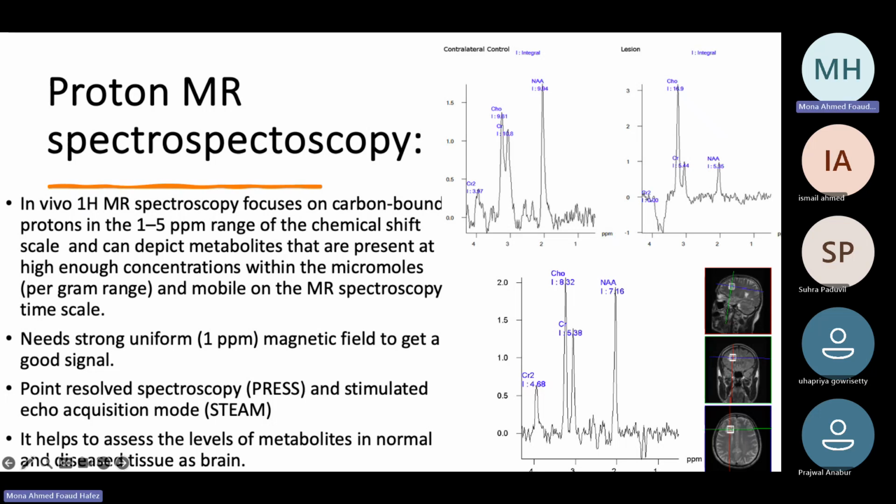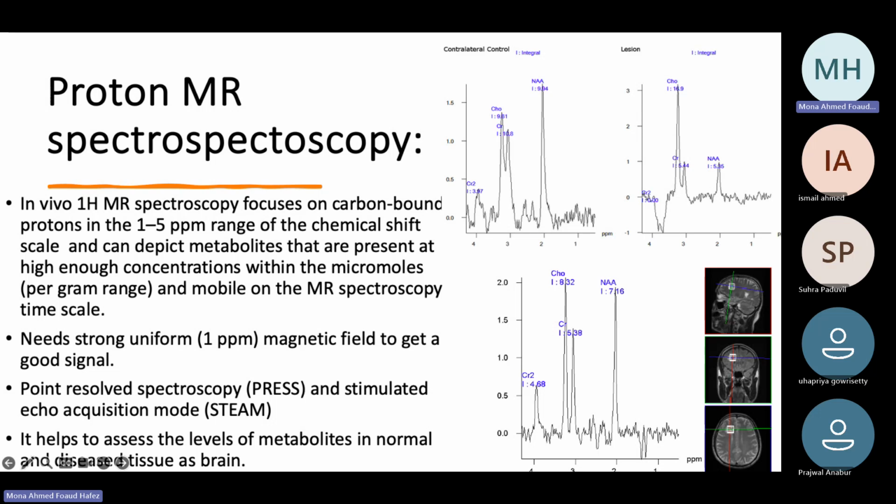Proton MR spectroscopy uses hydrogen MR spectroscopy focusing on carbon-bound protons in the 1 to 5 parts per million range of the chemical shift scale. It can detect metabolites that are present in high enough concentration, within the micromole per gram range, and are mobile on MR spectroscopy.